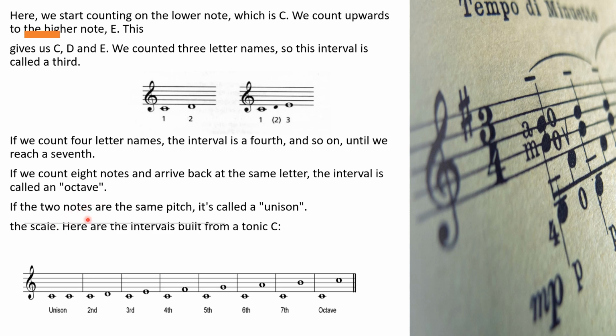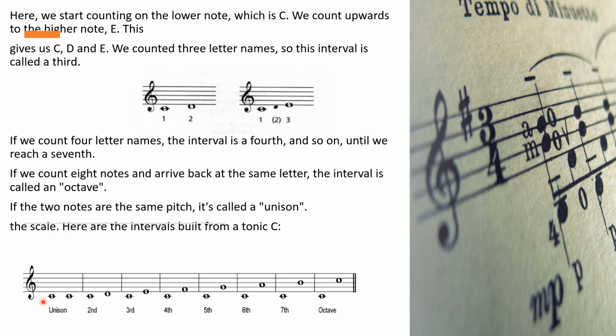Also, if two notes are on the same pitch, it is called the unison. The unison is when one note and another note are placed on the same pitch level. It's just, for instance, when every part of a choir is singing the same note on the same pitch level.